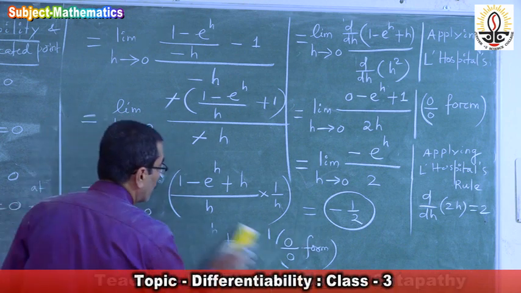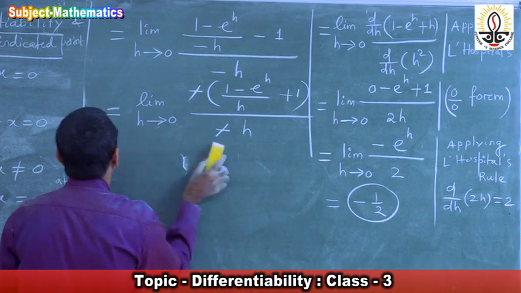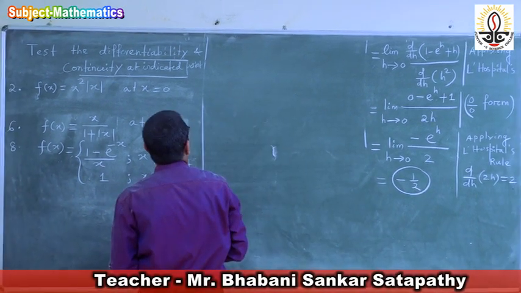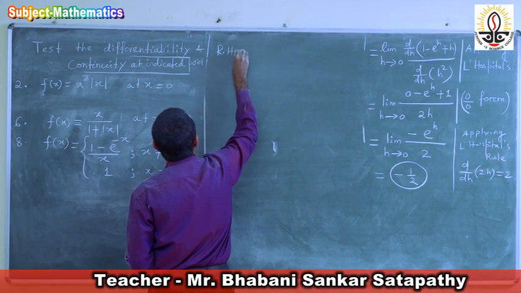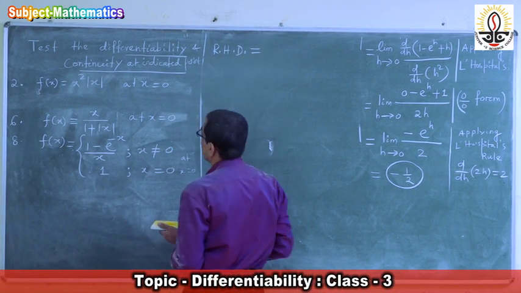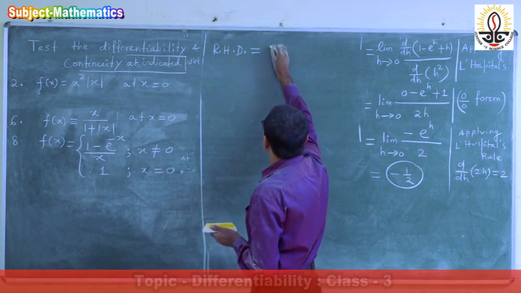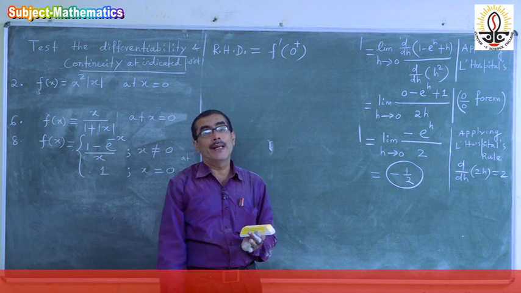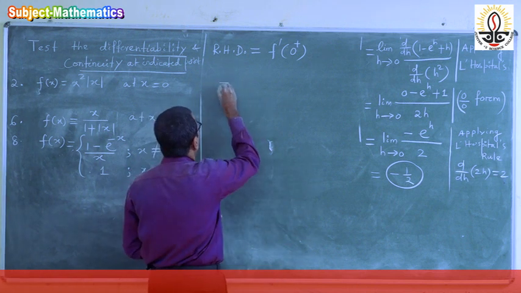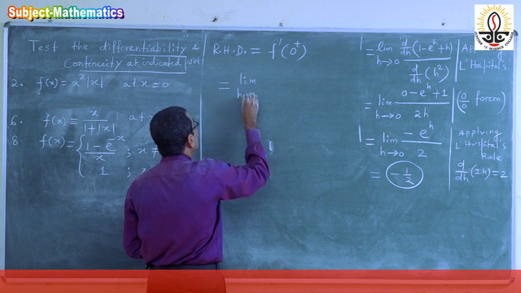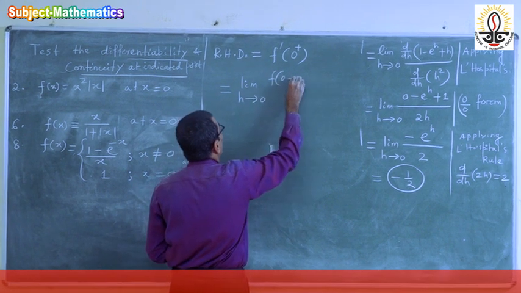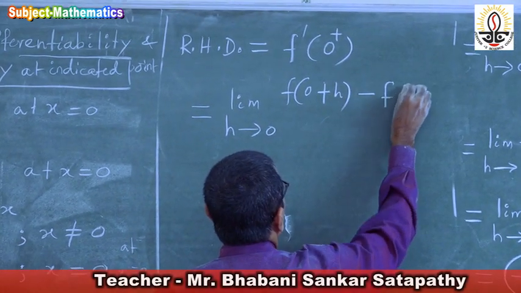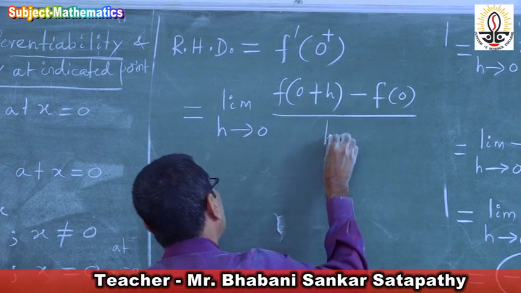Now you will find out the right hand derivative also. So right hand derivative, if we find out, that is equal to f dash 0 plus. So that is equal to limit h tends to 0 of f of 0 plus h minus f of 0 divided by h.